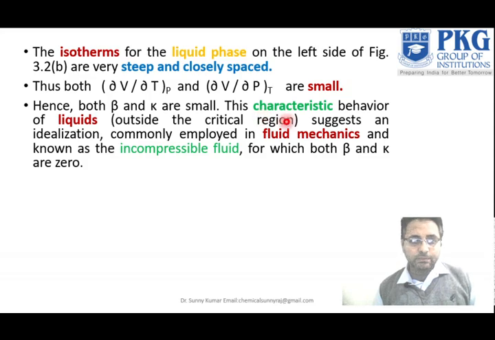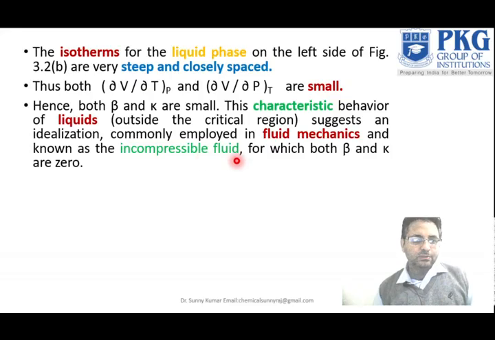This is the characteristic behavior of liquid outside the critical region, and it suggests an idealization commonly employed in fluid mechanics, known as the incompressible fluid, for which both beta and K are 0.